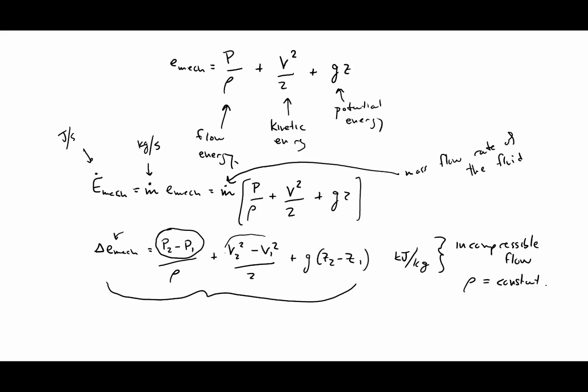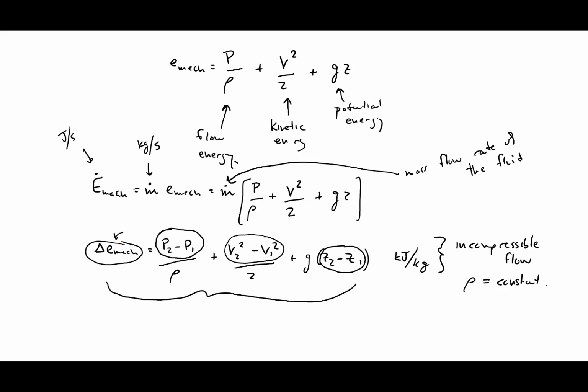If V2 and V1 are constant, that means that V2 squared minus V1 squared is 0. And if Z2 and Z1 are constant, that means that Z2 minus Z1 is 0. And so if all of these terms are 0, that means that your change in mechanical energy will be 0.